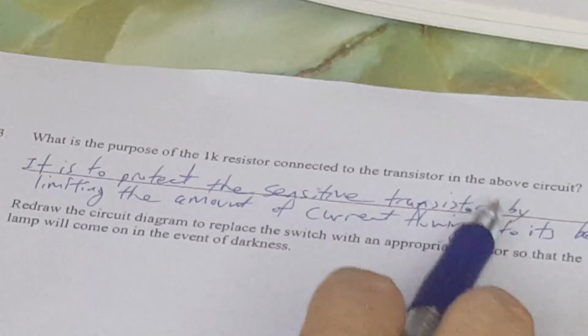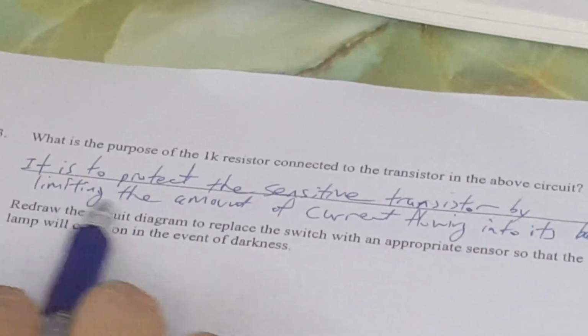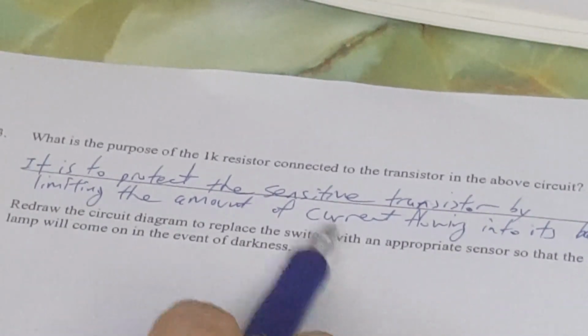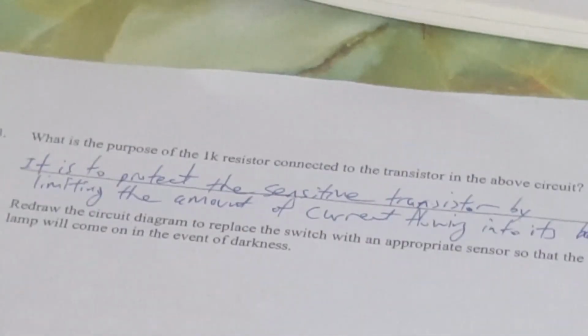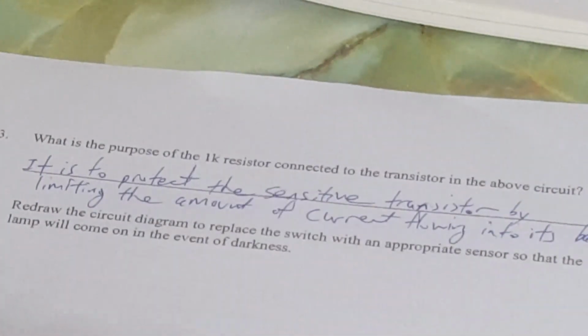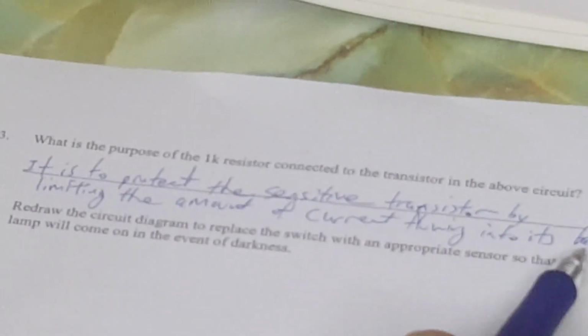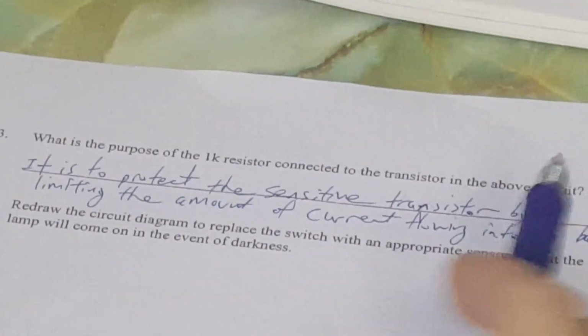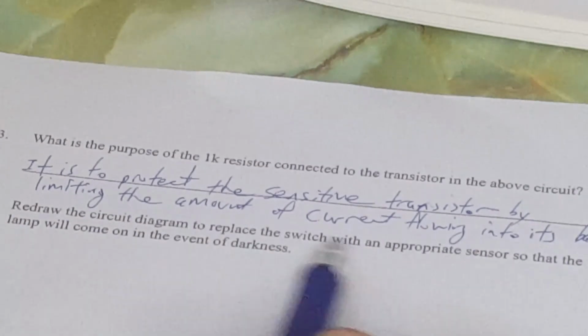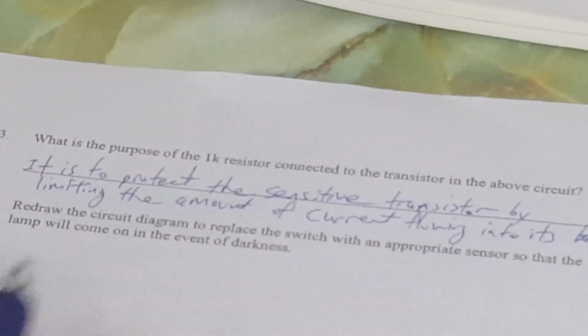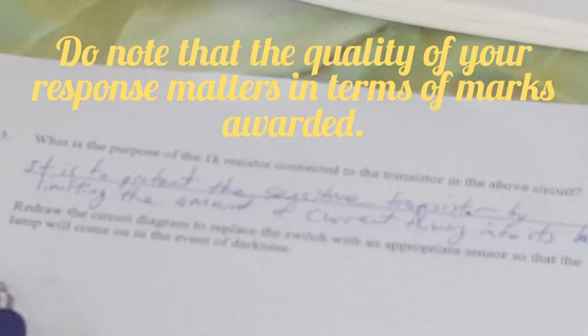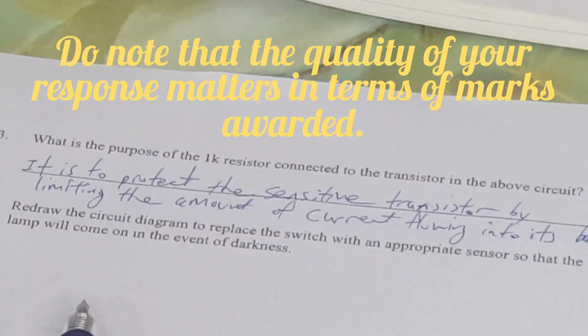So your second mark will come in for limiting the amount of current flow. If this is a 3 mark question, then you have to say where the current flows into. In this case, it will be into the base of the transistor. So the way you give the response to the question, the quality of your response is important, and of course it matters, especially if this is a more than 1 mark question.